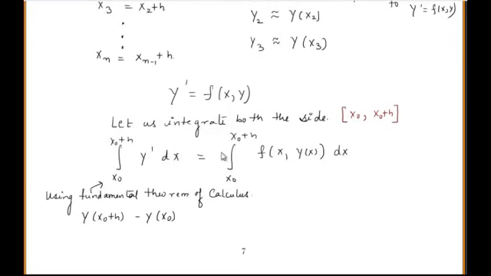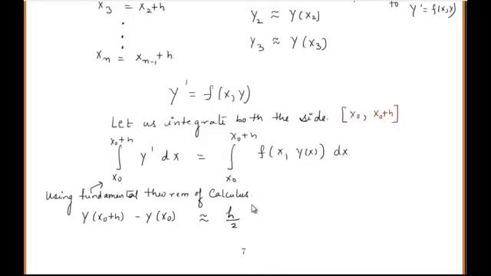What can I do on the right hand side? Well, do I know any formula for integrating a function when I don't know the function, when I only know the function value at certain points? Is there an approximation to an integral? Yes, we do have, and that is the trapezoidal rule.